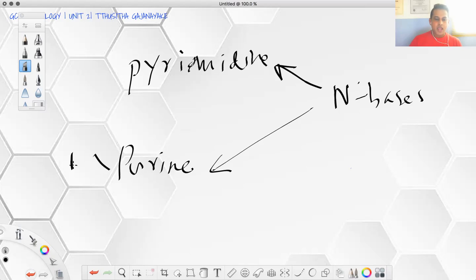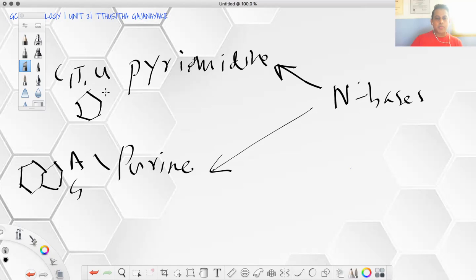Purines are adenine and guanine because they have two rings. And pyrimidines are cytosine, thymine and uracil, and they have one ring. It is just a grouping of nitrogenous bases based on their structure into purine and pyrimidine. So any other questions?